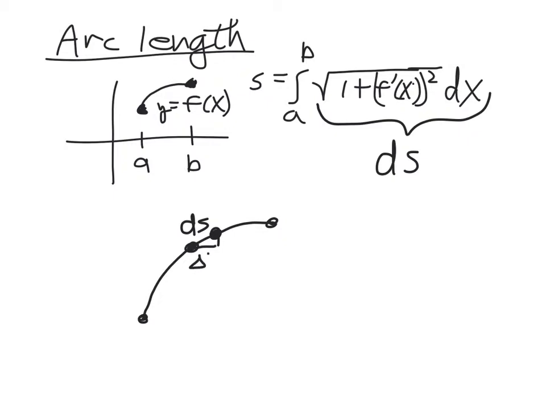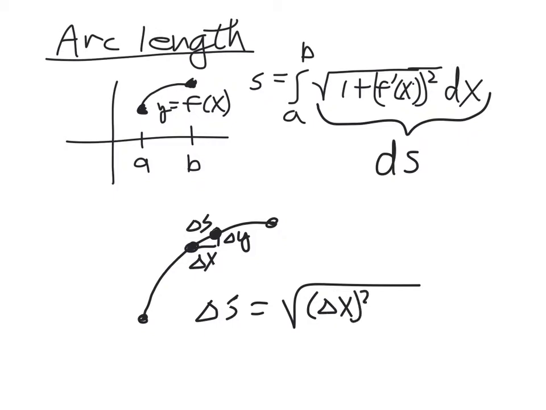And we can say this is delta x and delta y, and then the ds, well, technically it's not ds yet until we take the limit of it, so let's make that a delta s. Delta s would be square root of delta x squared plus delta y squared.